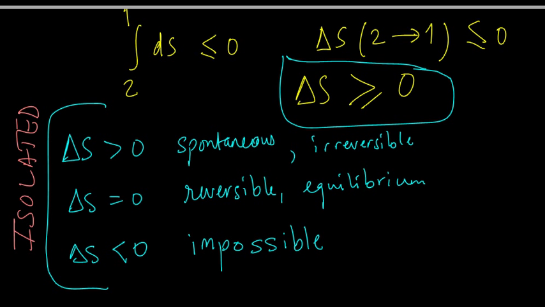No, so this is from 2 to 1. I want from 1 to 2. So if 2 to 1 is less than 0, then 1 to 2 is the negative of 2 to 1. The negative of this quantity would be greater than 0. So here we have directly used that entropy is a state function.